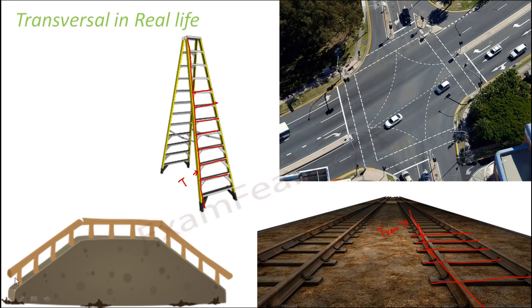Think of a balcony or maybe a staircase where you have this kind of fencing or boundary around it. When you look at this boundary, here also you see that these are like parallel lines, and this line which intersects all of these parallel lines at the same time is like a transversal.